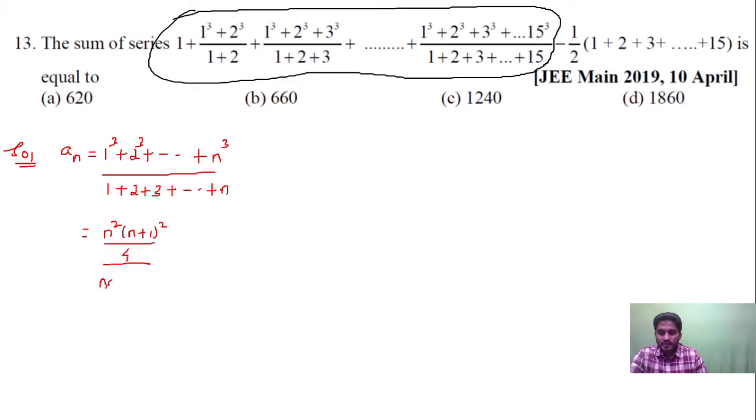Summation n will be equal to n into n plus 1 upon 2. So this is n square into n plus 1 the whole square divided by 4 into, this goes to the numerator, 2 into n plus 1. This n will cancel with the square, n plus 1 will cancel with the square, this will cancel 2 times.